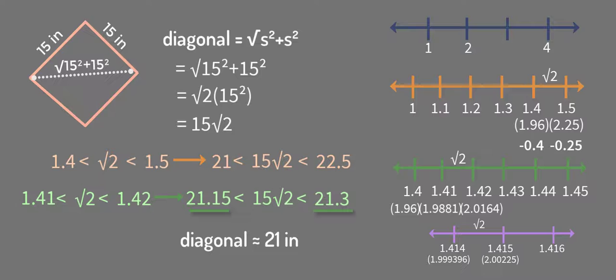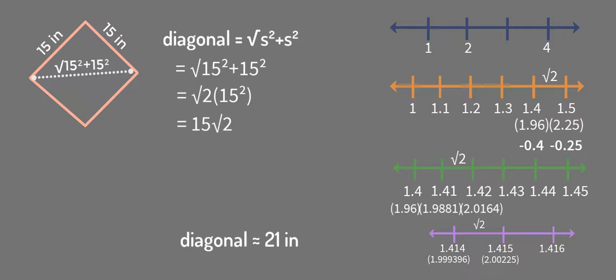Just to double check, because 21.3 would round up to 21.5: we're closer to the square root of 2 with 1.41 than with 1.42, so it's going to be closer to 21.15 than to 21.3. But we'll go ahead and check with our third option just to be sure.